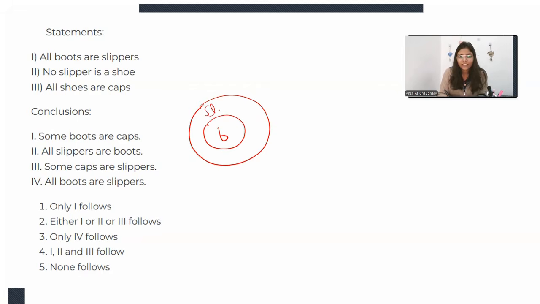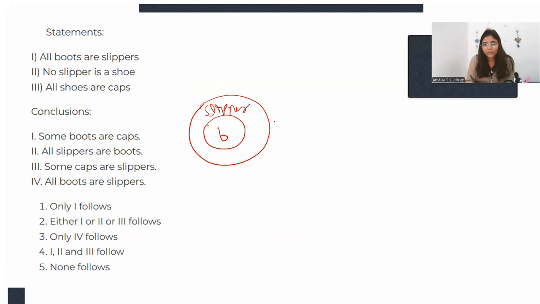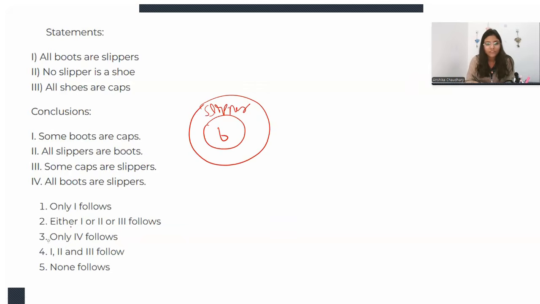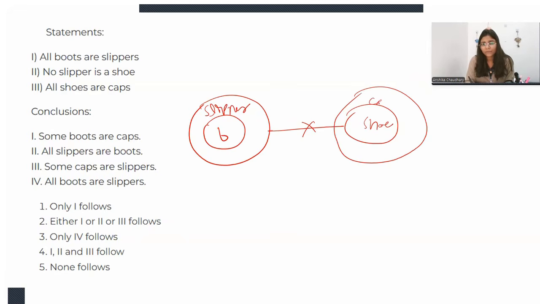That means here I am taking it like this, right? No slipper is a shoe. So no slipper can be a shoe, or no slipper is a shoe, right? All shoes are caps.